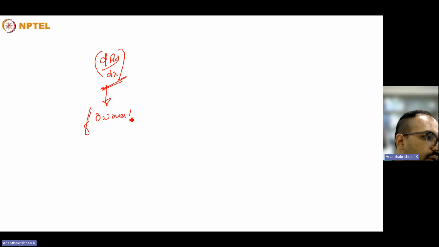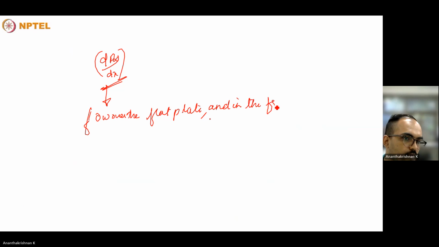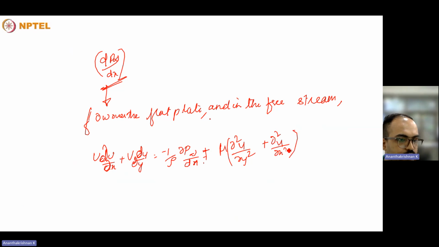So for flow over the flat plate, the X momentum equation in the free stream will be u ∂u/∂X plus v ∂u/∂Y is equal to minus 1/ρ ∂P∞/∂X plus μ (∂²u/∂Y² plus ∂²u/∂X²).